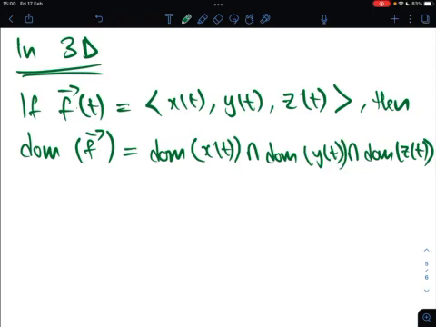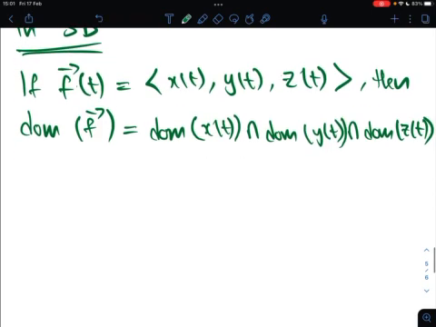To do some practice on how we can go about doing this, let's look at the following examples. A typical example that one can get will be as follows.